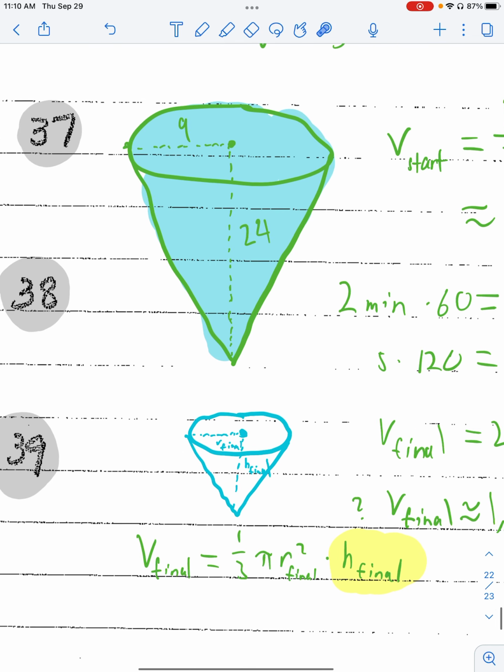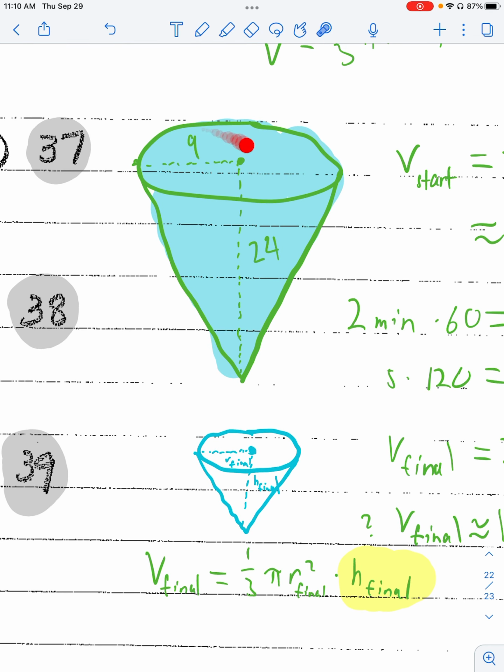What's happening here, notice this little blue triangle and this green triangle. These are going to be similar triangles.